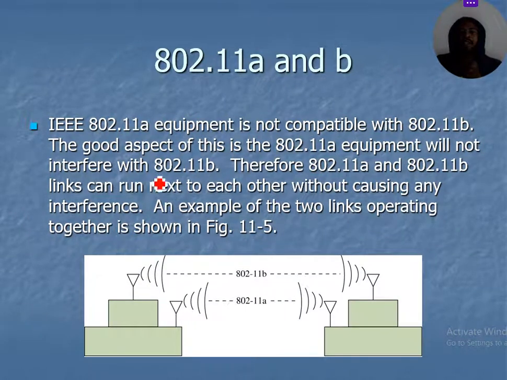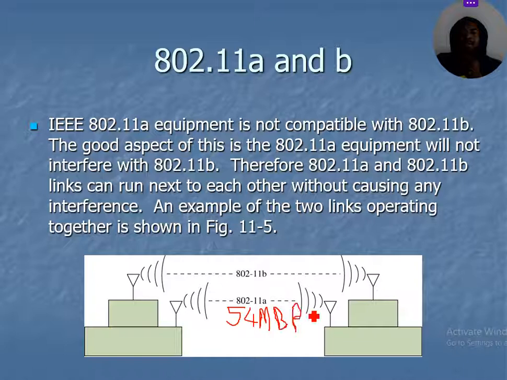Now, let's take a look at the differences between them diagrammatically. The 802.11a, although it has a higher data transfer rate, that's the speed, is 54 megabit per second, while 802.11b, although it can go a long range, has only 11 megabit per second.